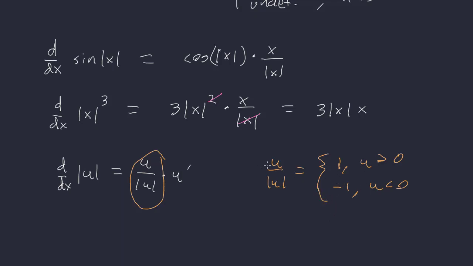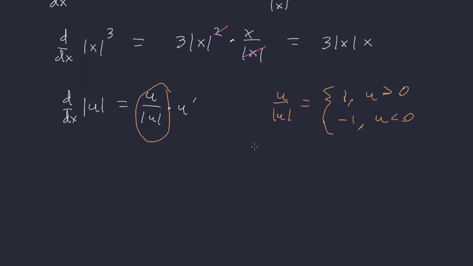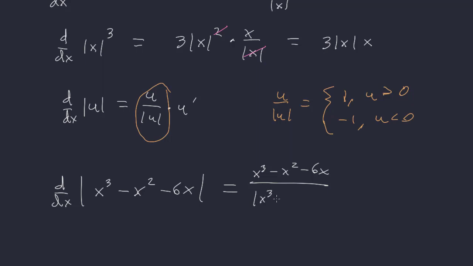Okay, so that means we can have multiple places where we'll have those sort of jumps. So, for example, if we wanted to find the derivative with respect to x of, let's say, the absolute value of x cubed minus x squared minus 6x, we're going to get u, x cubed minus x squared minus 6x, all over the absolute value of u, x cubed minus x squared minus 6x.